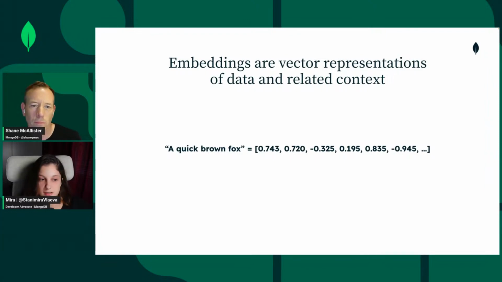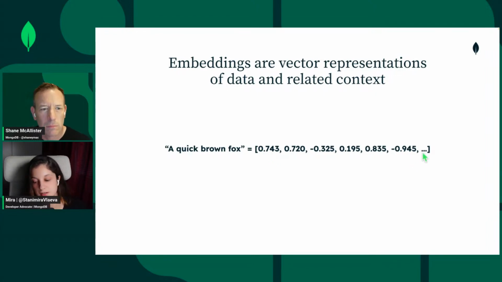So we get a piece of natural language, like a text or another media. We run that through a vector generating model, and we get a numeric representation. And again, you can imagine why this is very powerful. We can have different types of text, different types of media, different lengths of text. And in the end, we boil that down to just an array of numbers that we can compare and work with.